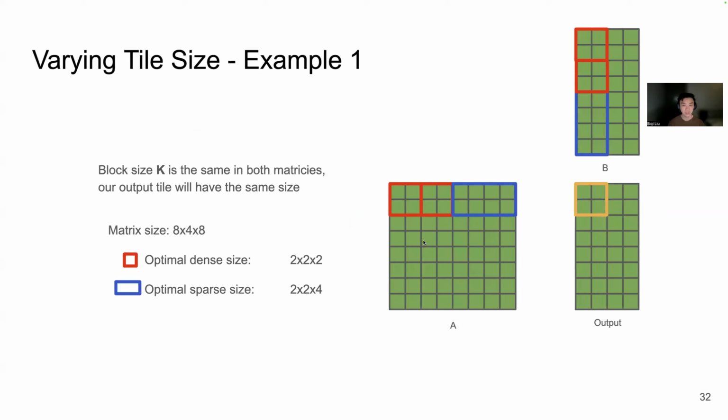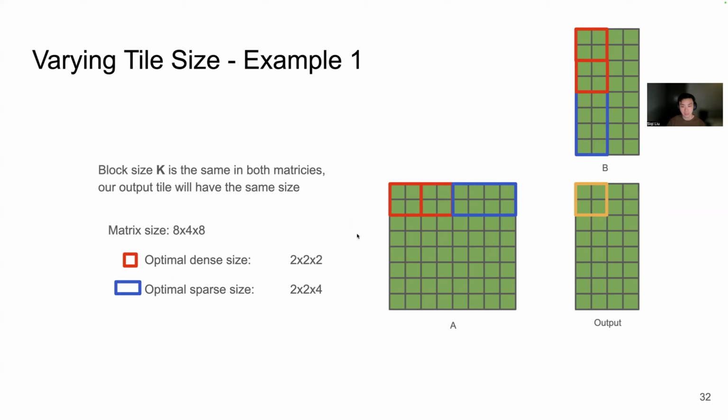So just an example, here we have a case where the optimal dense tile is 2 by 2 in the A matrix as well as 2 by 2 in the B matrix. The difference here is that we also have a sparse tile, but this sparse tile is a rectangle in the A matrix as well as the B matrix.